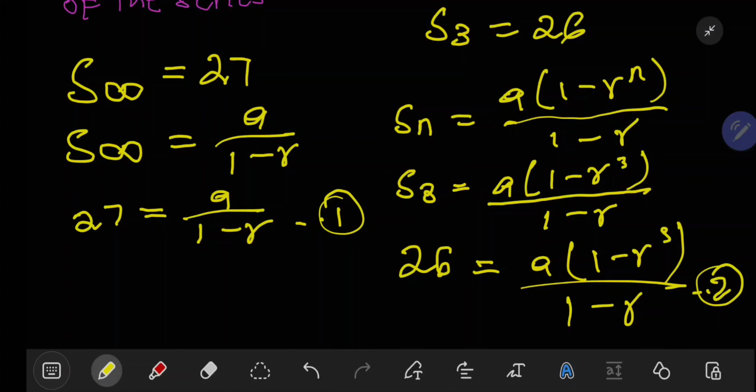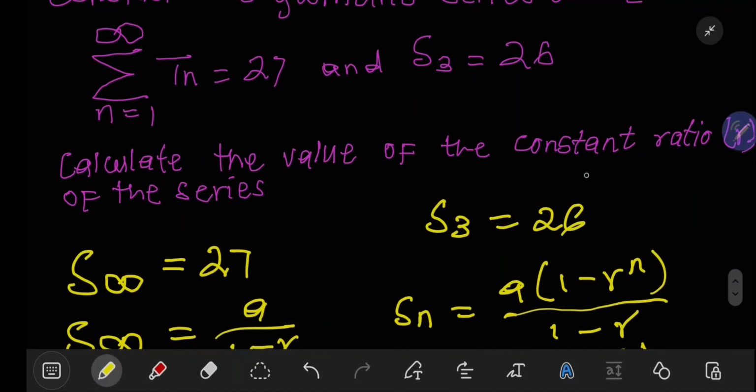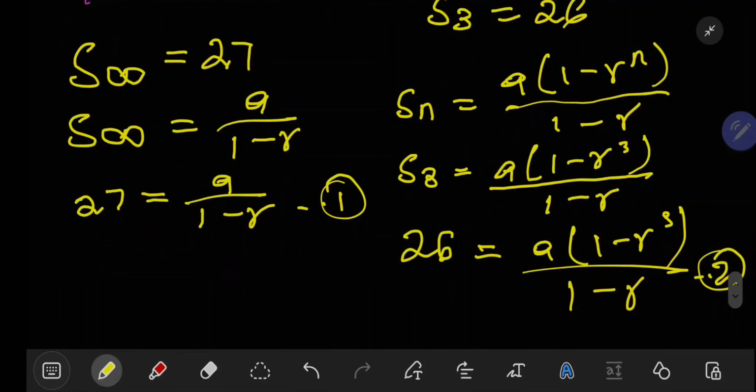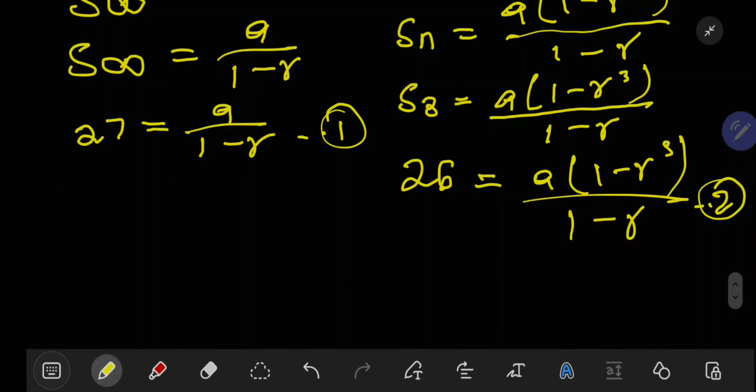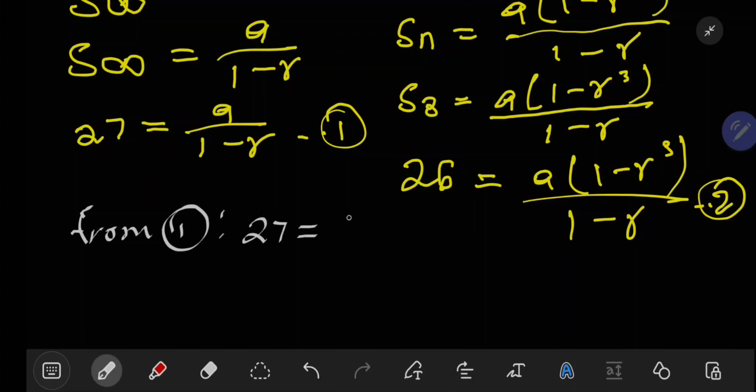Remember we are looking for what? The constant ratio, the value of r. Here we were analyzing the question, so we can see that we are going to deal with simultaneous equations. So we can take equation 1, which is 27 is equal to a over 1 minus r.